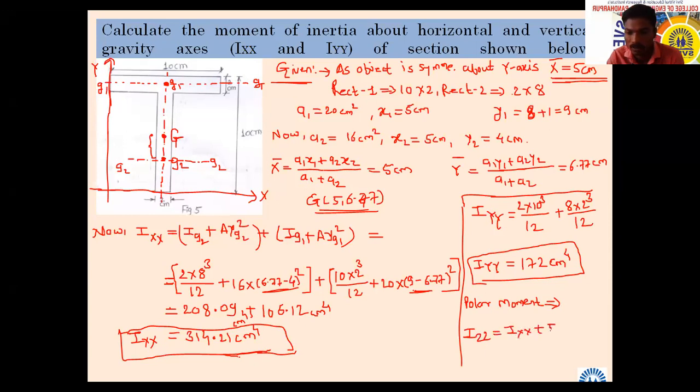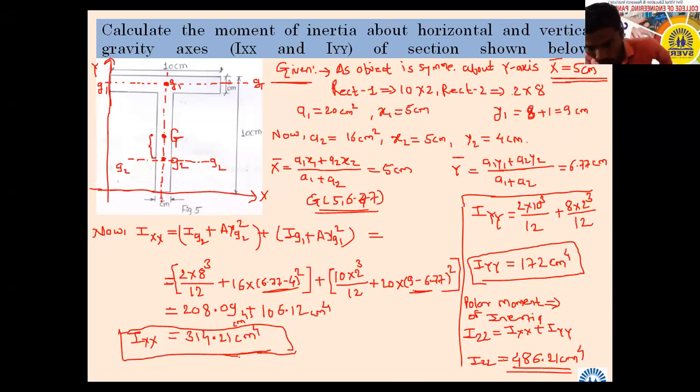It is not asked, but for your information, if you want to find it, you can add both. Izz, polar moment of inertia, is 486.91 centimeter raised to 4. While calculating polar moment of inertia, we only have to add.